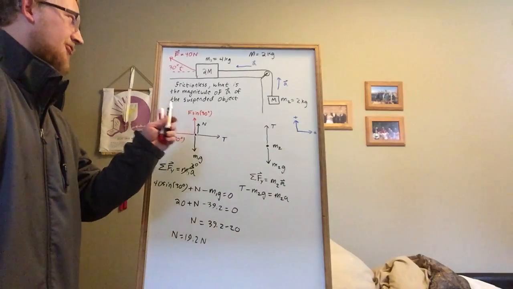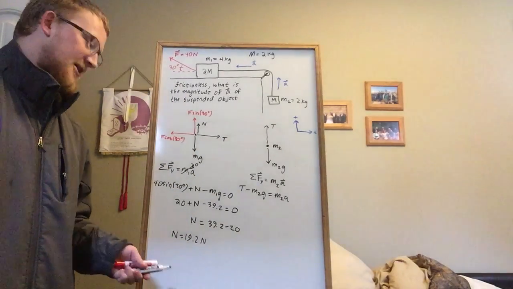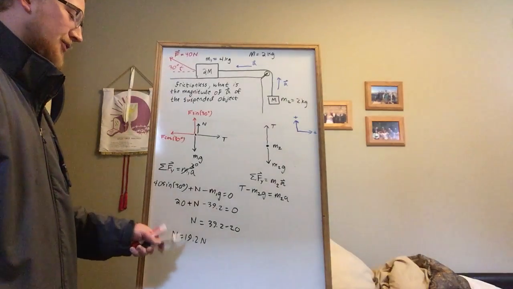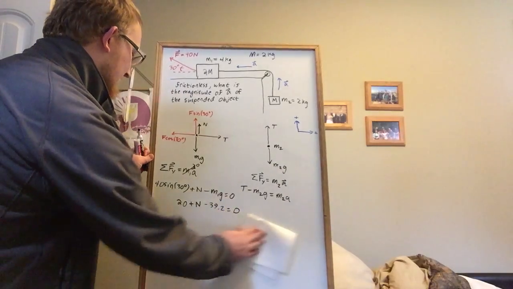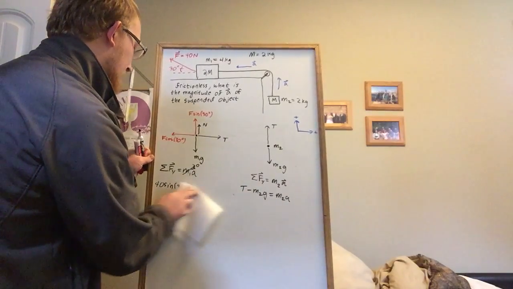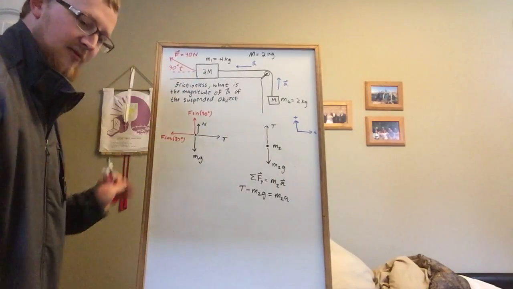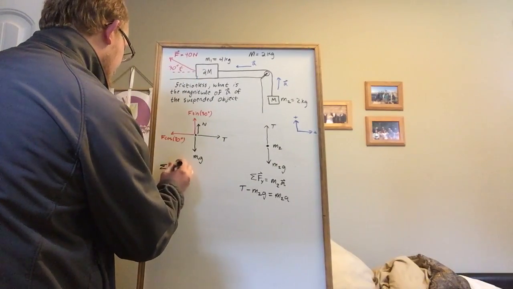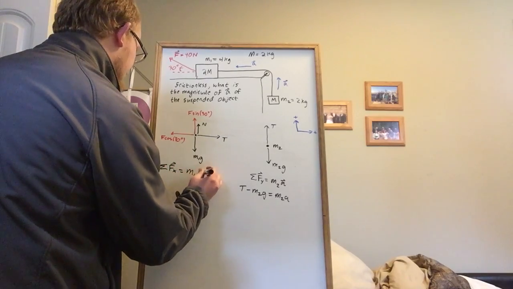Because it's frictionless, we don't really need to know the normal force, but that's a good process to get in the habit of, because if there was friction, we would need to know what the normal force is. But in this problem, the sum of forces in the y is not important to the answer. So we'll start with the sum of forces on the x equals M1A.